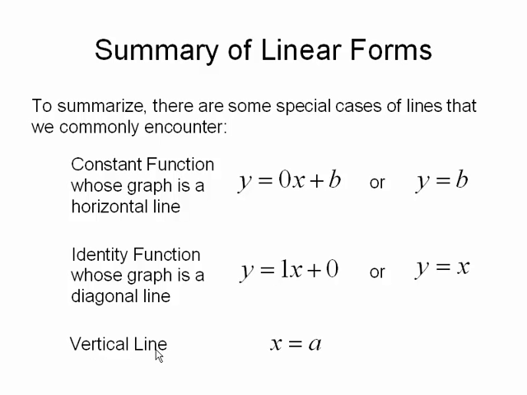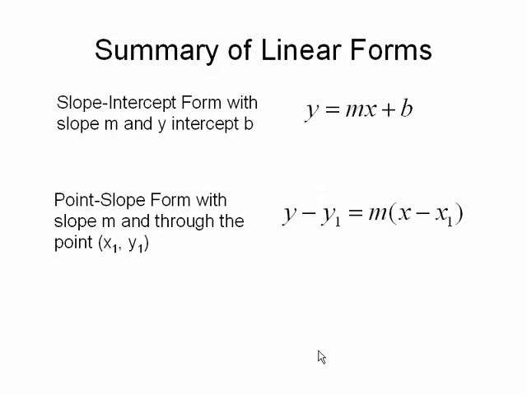Vertical lines, as we saw, are just x equals some constant. The slope-intercept form with slope m and y-intercept b is y equals mx plus b, and the point-slope form with slope m through the point (x1, y1) is y minus y1 equals m times the quantity x minus x1.